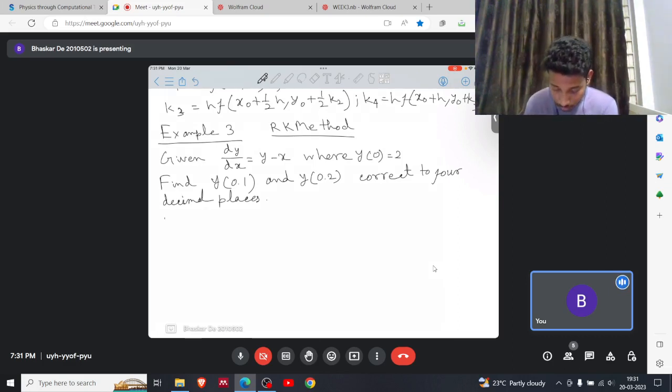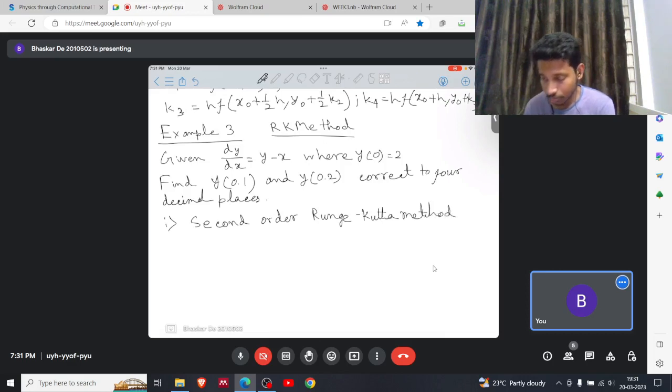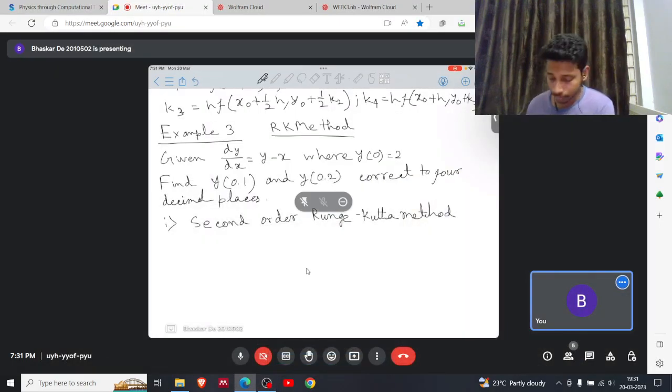Now first we will go with the second order Runge-Kutta method, taking the value of h equal to 0.1.